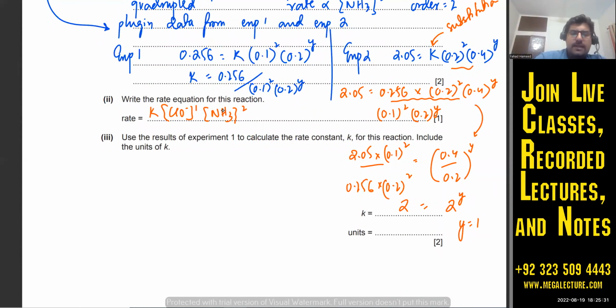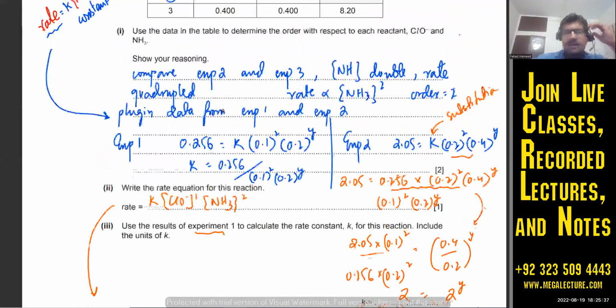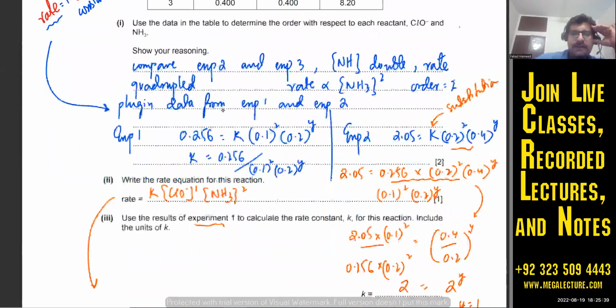So what I'm going to do is use experiment 1 results. All you have to do is plug in the data from experiment 1. That's 0.256, that's the rate. I don't know what k is.